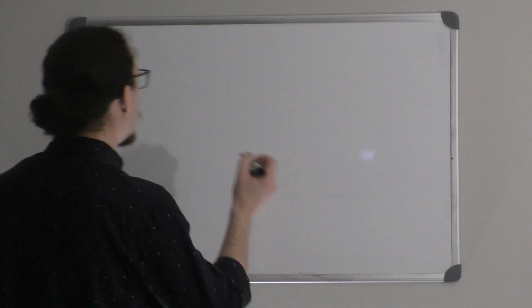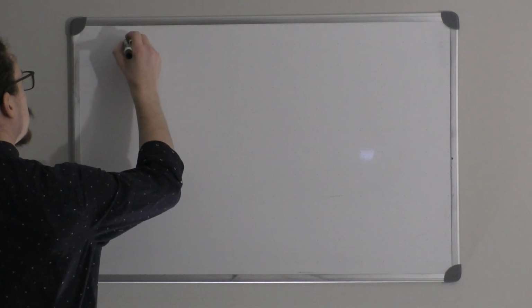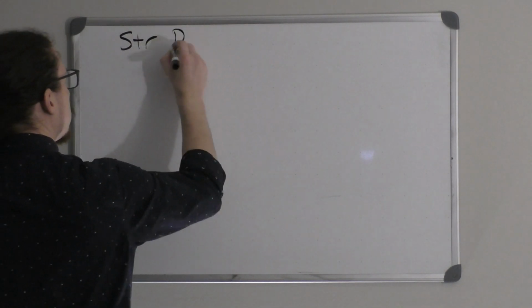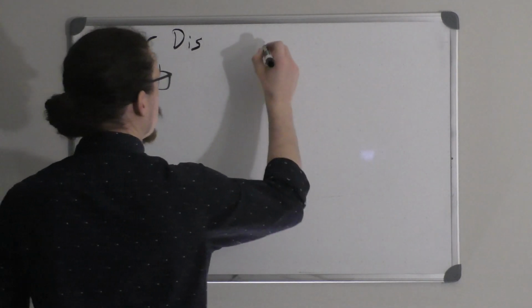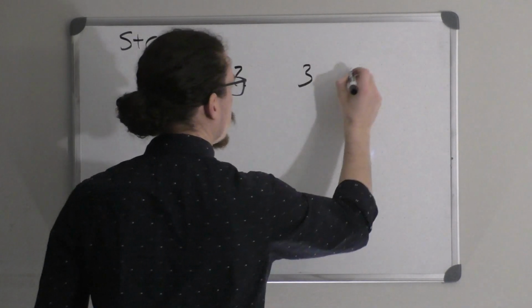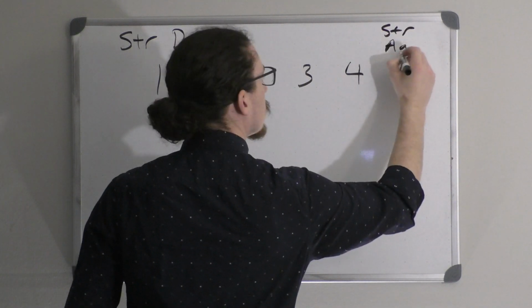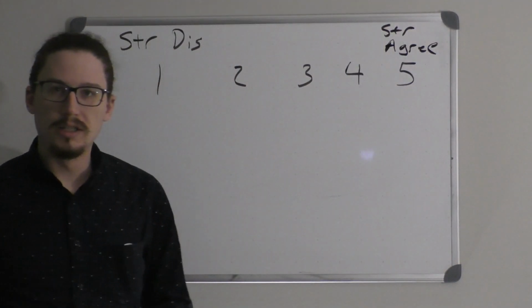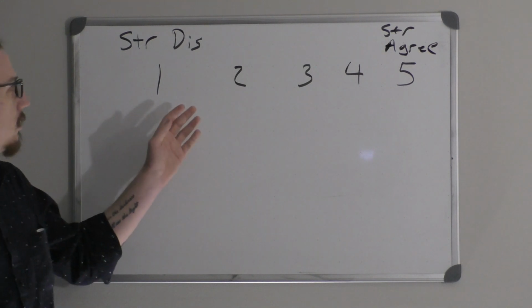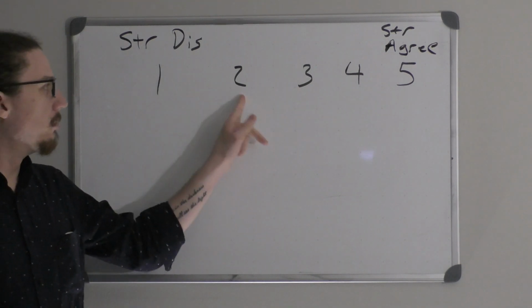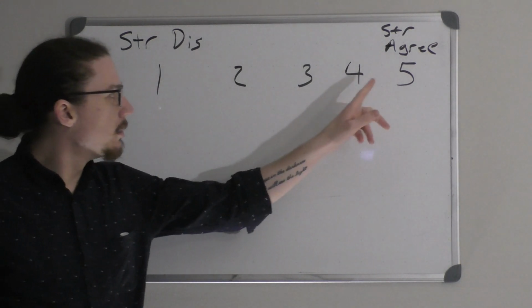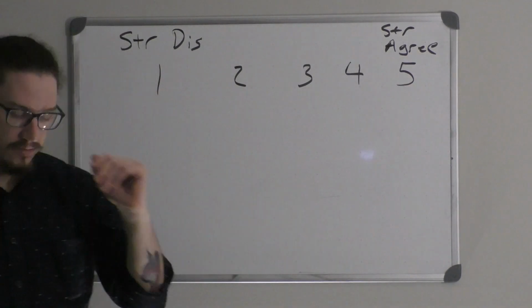So for example, let's say that this is our Likert scale: 1, strongly disagree, 2, somewhat disagree, 3, neutral, 4, somewhat agree, 5, strongly agree.